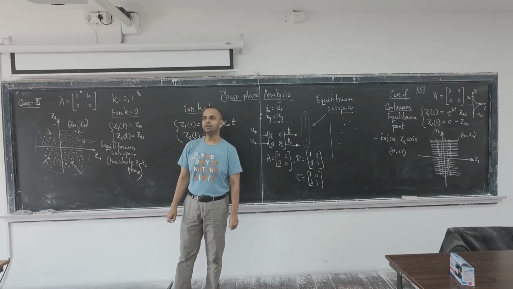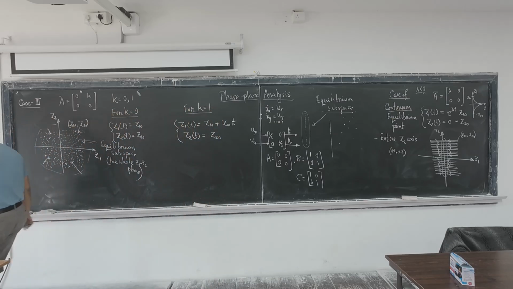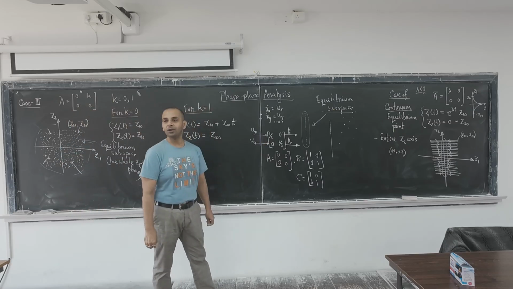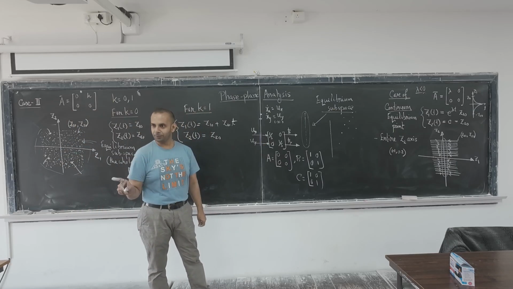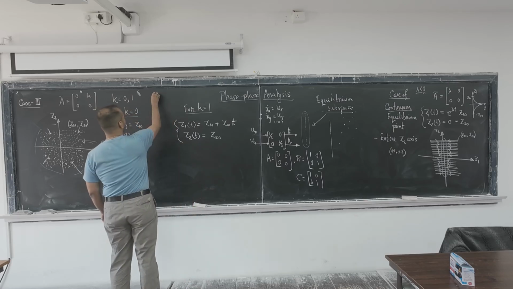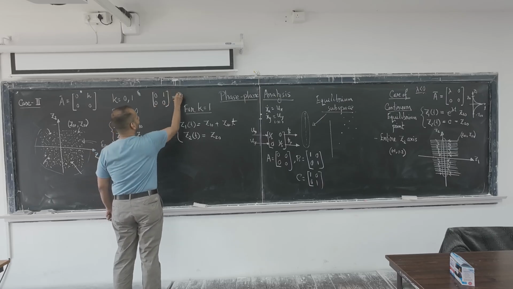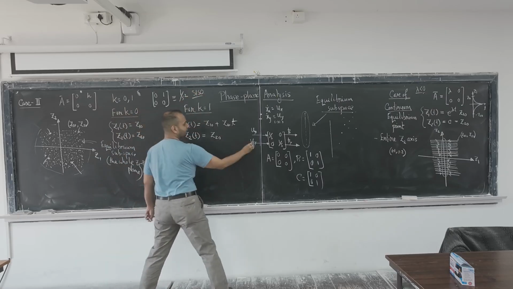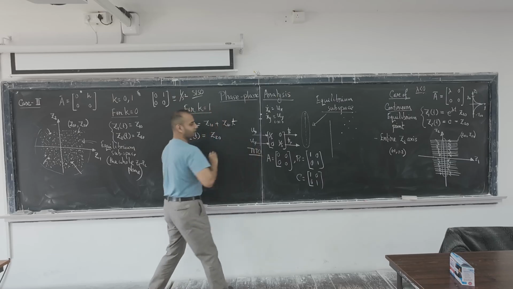There is no question of D matrix because there is no feed forward term. This is what I was saying, that this is not a double integrator, although we have two 1 by s terms, they are appearing independently. So this is a case of 2 input 2 output double integrator system. But when you write 0 1 0 0, that is a case of double integrator system, but single input single output. And this is a case of T2. That is the difference.